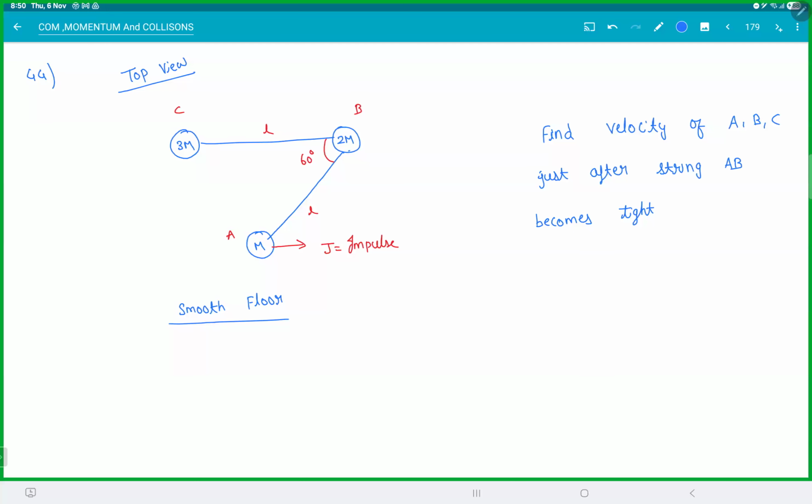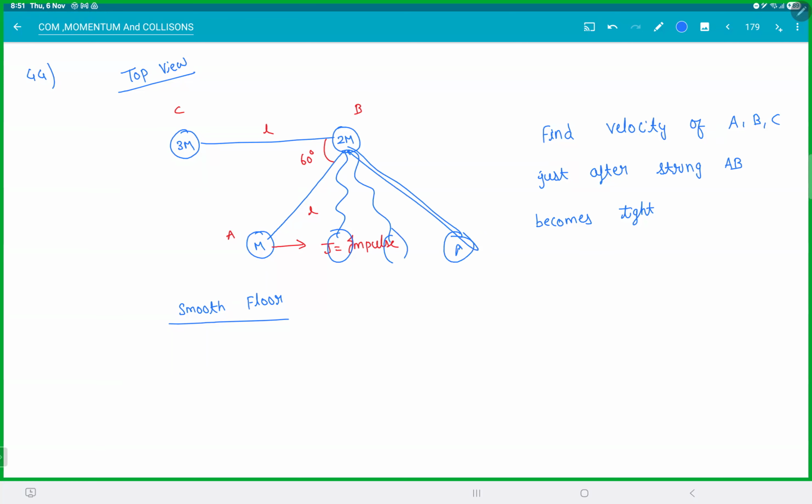So initially the strings are like there is no loose string or anything. It is just fit. I hope the question is clear. So initially when you hit A, nothing will happen. Initially it will be loose, loose, and then when it makes 60 degrees, it becomes tight.